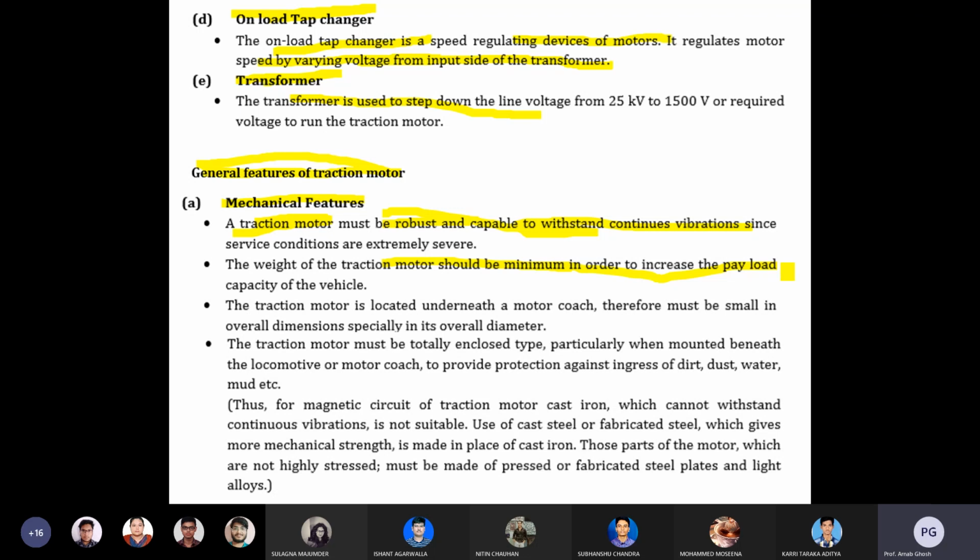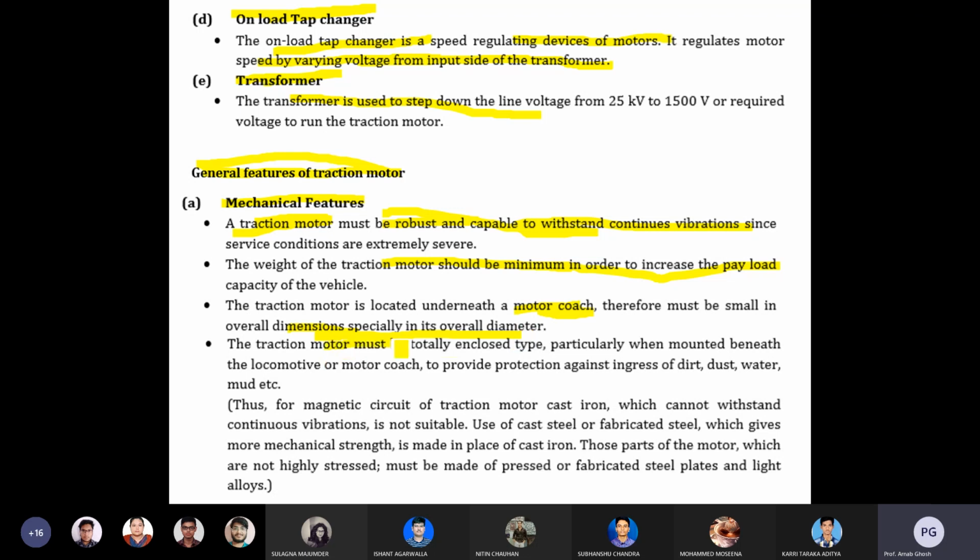There is some standard guideline, and based on the guideline you can design your motor for implementation in the traction system. The traction motor is located under the motor coach, therefore the dimension, especially the overall diameter, must be small. So these are the important features.